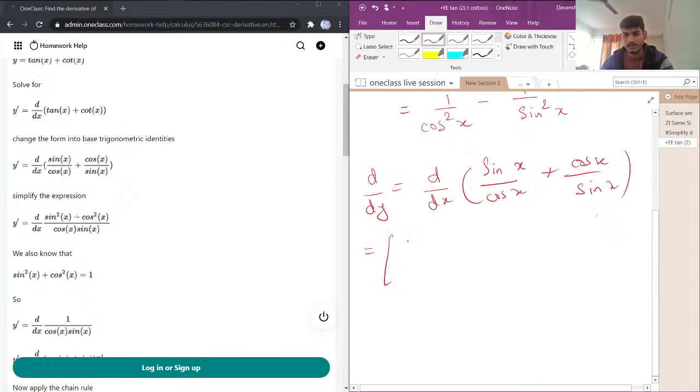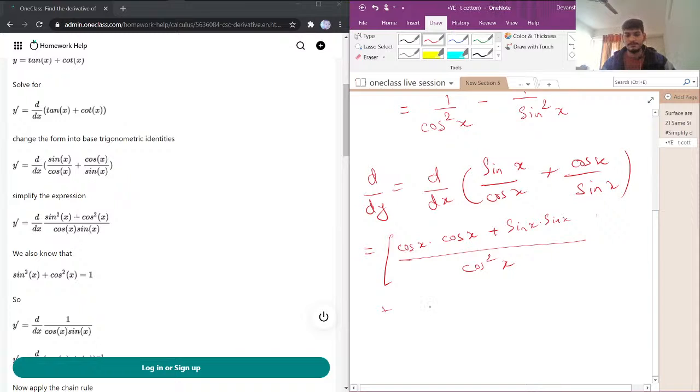So first sine x will be differentiated, so cosine of x, then cosine of x, then minus, cosine of x will be differentiated. It will be minus sine, so minus minus plus, sine of x into sine of x over cosine square of x.